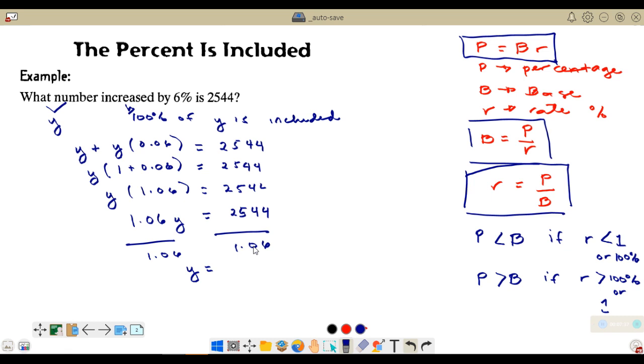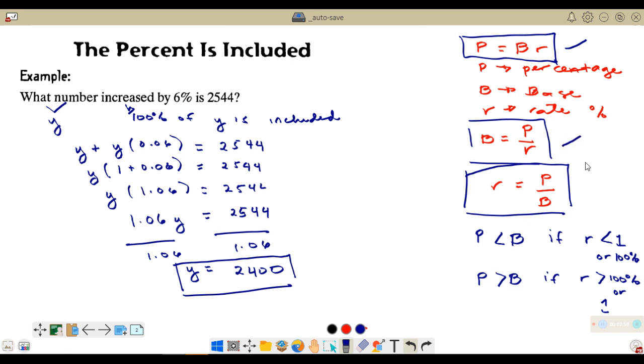My calculator is not loading yet. Wait a moment. Okay, 2,544 divided by 1.06. My answer is 2,400.